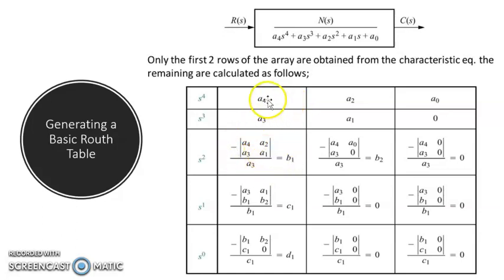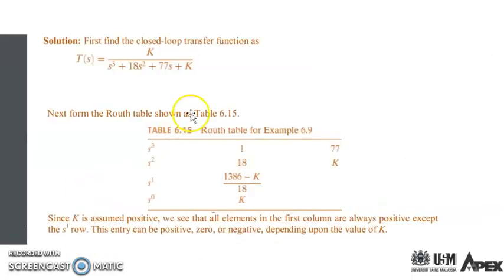From there, it's just multiplication to find B1, B2, C1, and D1. Once you do lots of exercises, you will get used to it. I will give you the lecture notes, and you can see the solutions to these problems.